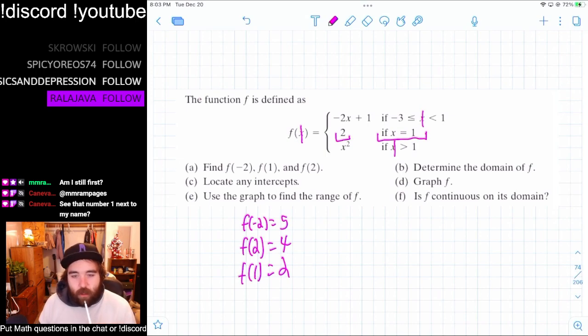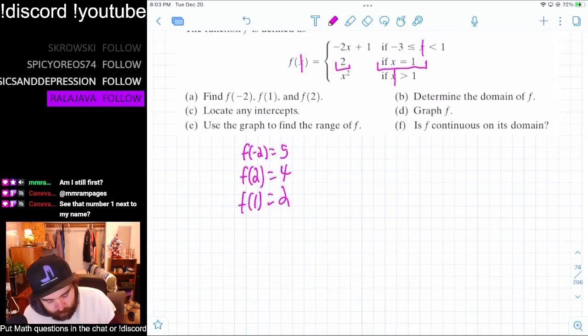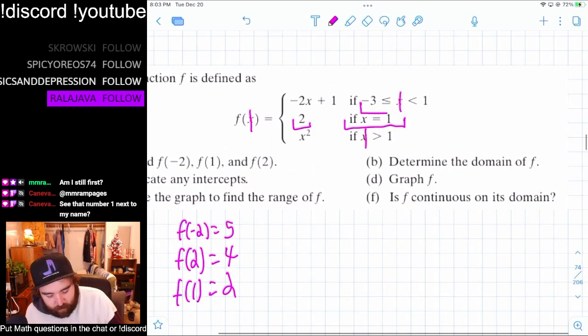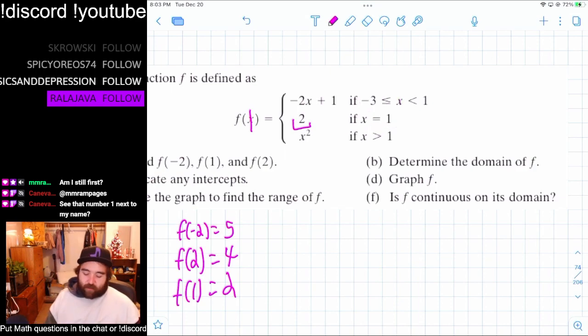So there we go. Determine the domain of f. So what is the domain? The domain is the x values you're allowed to plug into the function. Well, what x values are we allowed to plug in? I guess that's what we've got to look over here. We've got to say, what x values do these allow us to plug in?